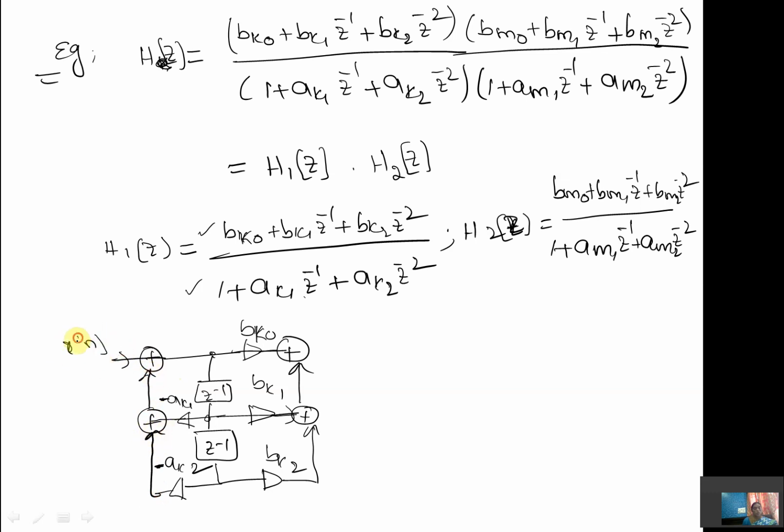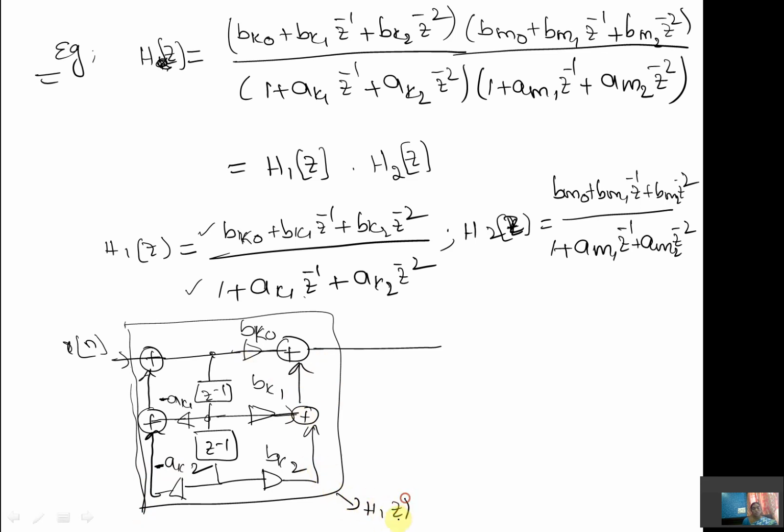Here x(n). So this one is for, use the dotted lines, right? This one is for H1(z). Then the output is fed to the H2(z) system input. Now again do the same realization structure.